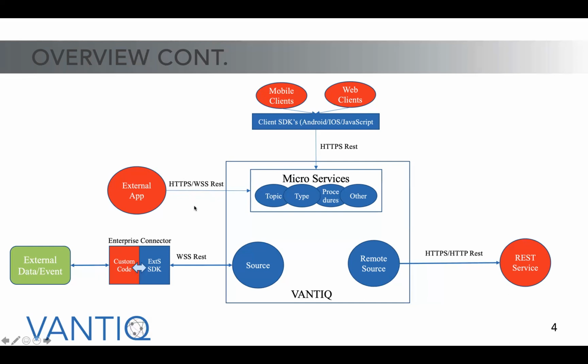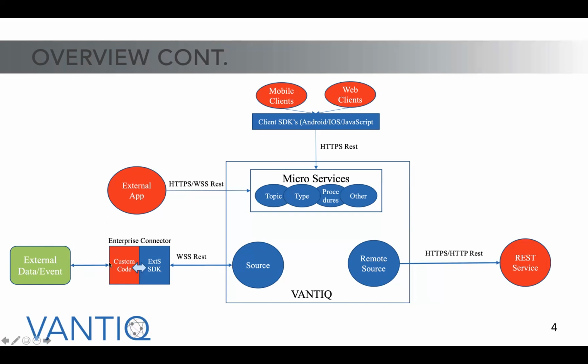If you have another type of situation where you have, for example, a local database or even a local REST interface that doesn't communicate with the internet, you may have an enterprise connector doing the bridge between these internal or local data sources and Vantiq.